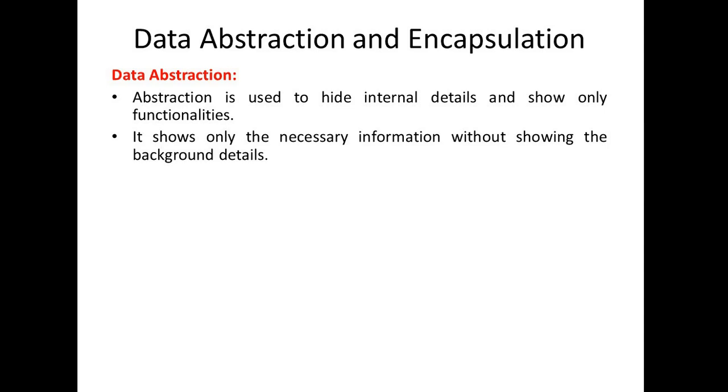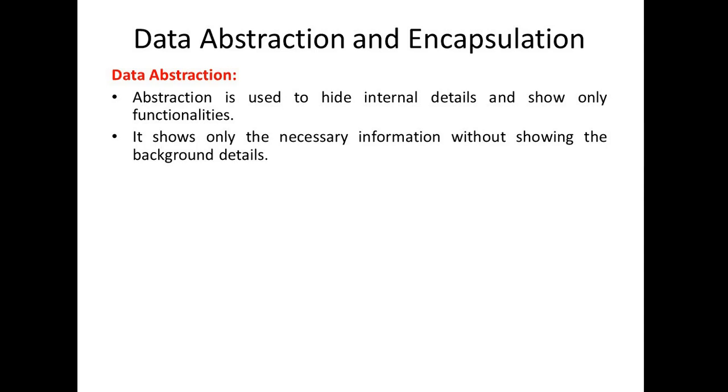Data abstraction is similar to what we call black box testing. The input is given to it and it produces the output, but we don't know how the execution occurs within it. In the same way, whenever we create a particular class, within the class we may have any number of data members and member functions.